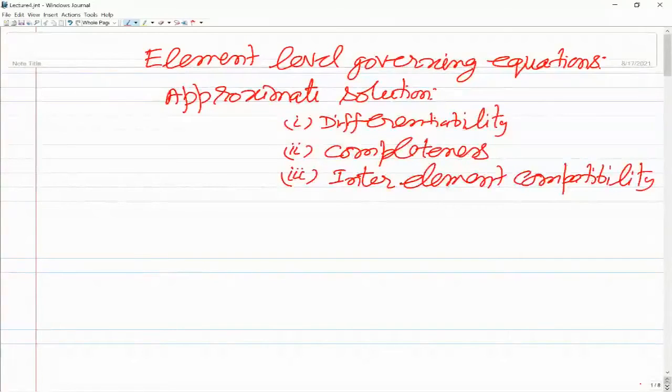I had explained that whatever approximate solution you assume should be differentiable up to the highest order derivative present in the weak form or integral functional.